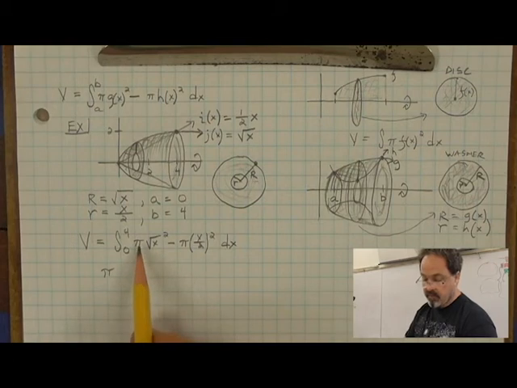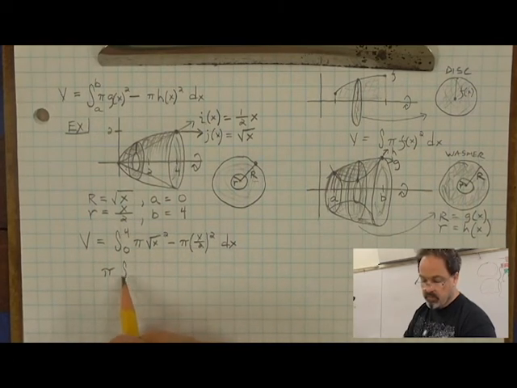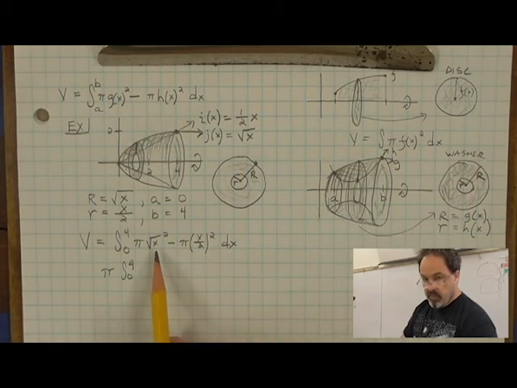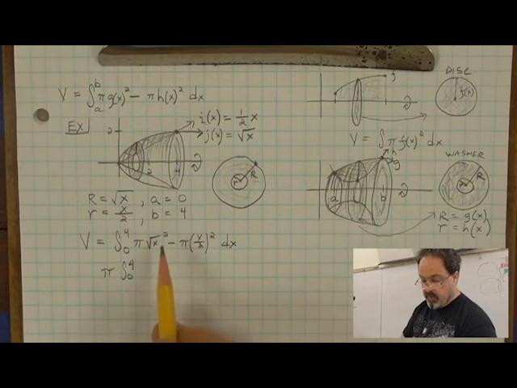I'm going to simplify algebraically these terms a little bit. If I've factored out a pi, then what remains is radical x all squared, which quite conveniently simplifies to x.